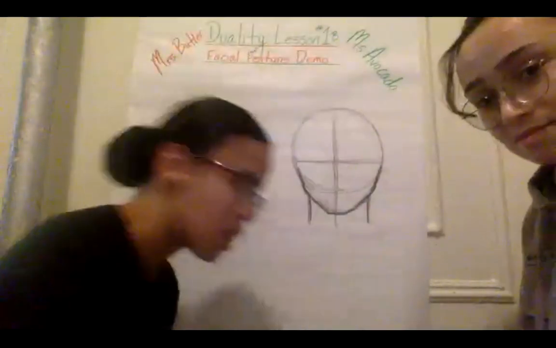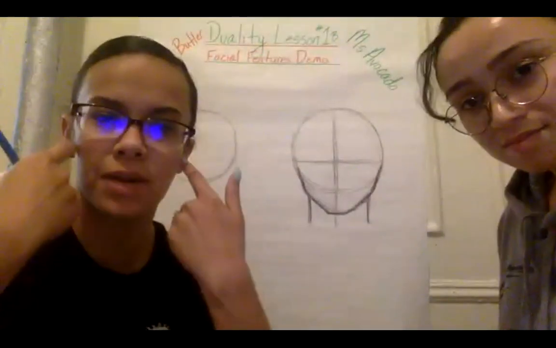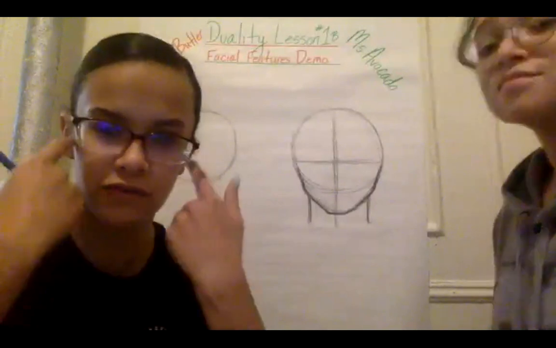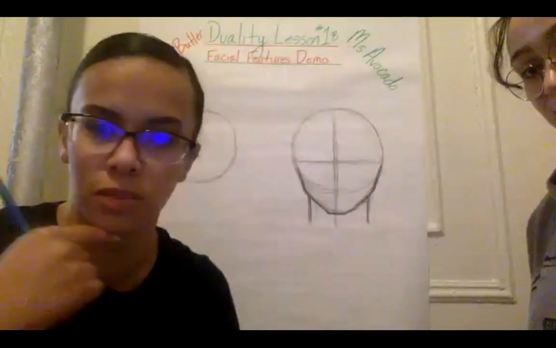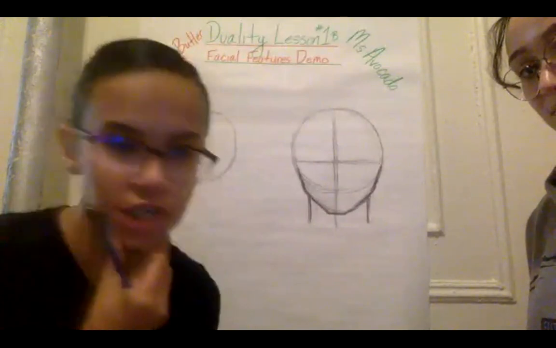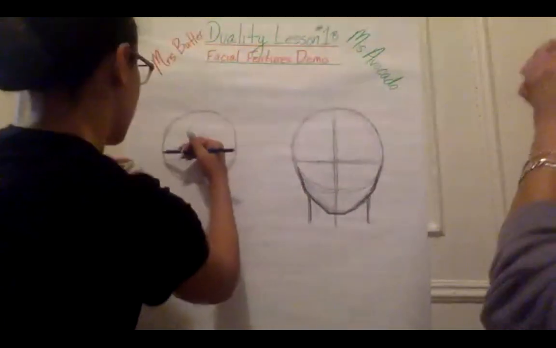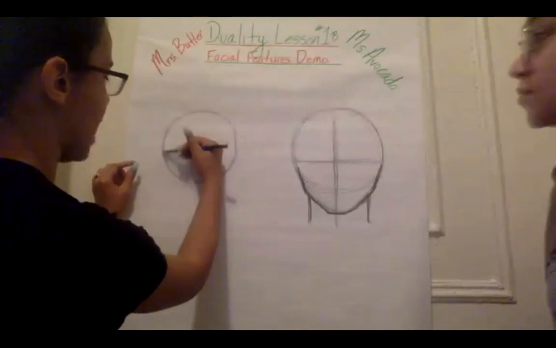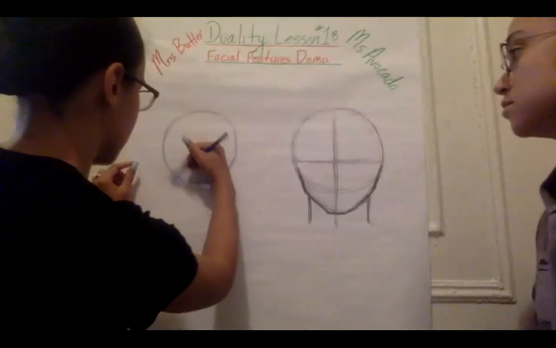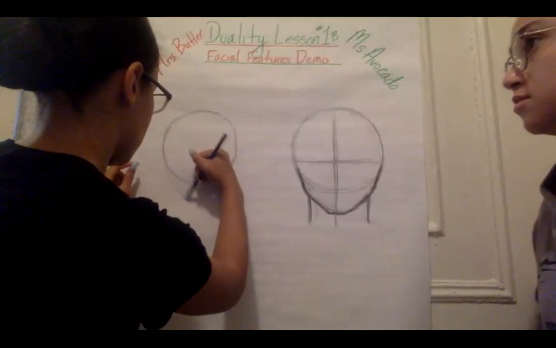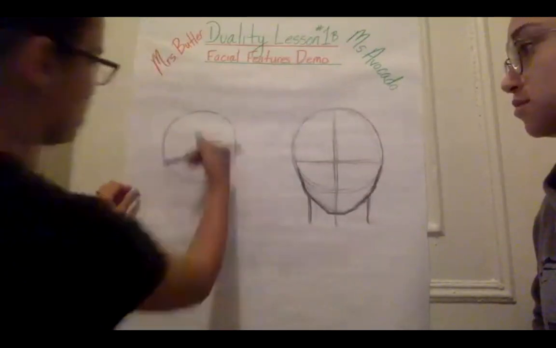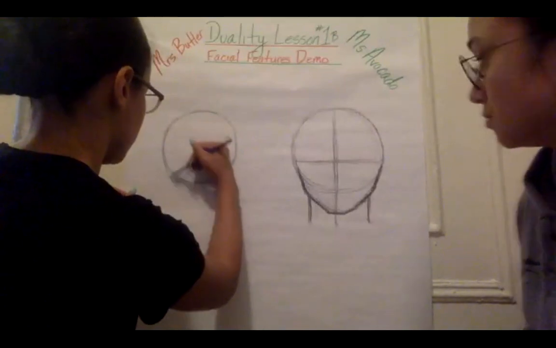Now, I have a bit more of a slender kind of face, so it comes in more and then curves very small at the bottom, for my chin. So I'm gonna go ahead and do that. I'm gonna come up from the half of my circle here on this side and bring it in, very slender.